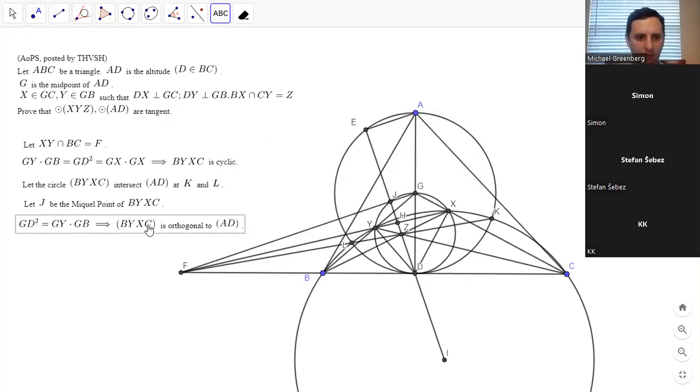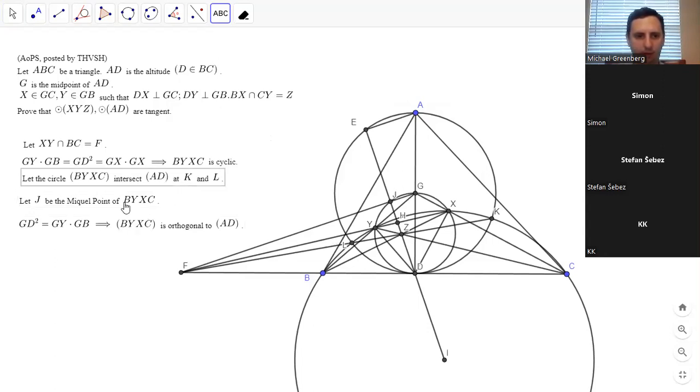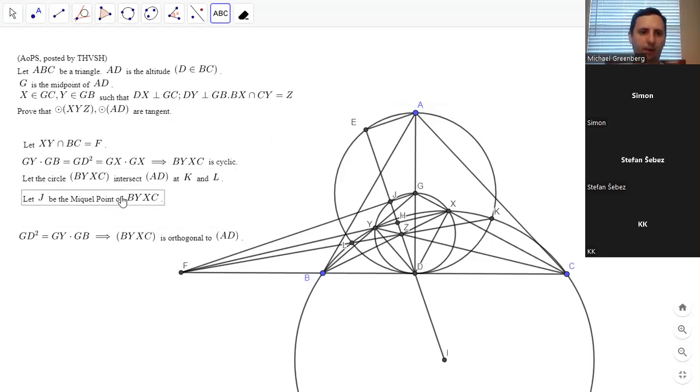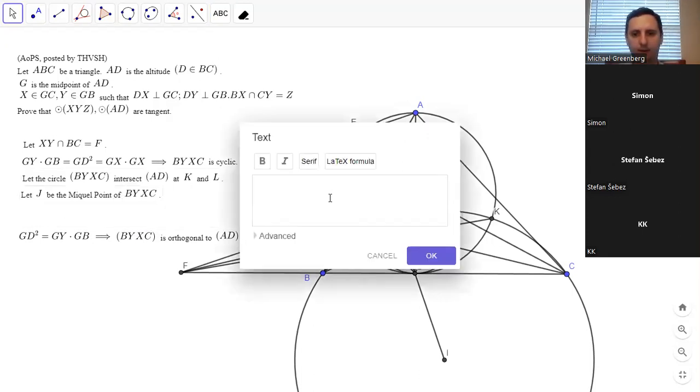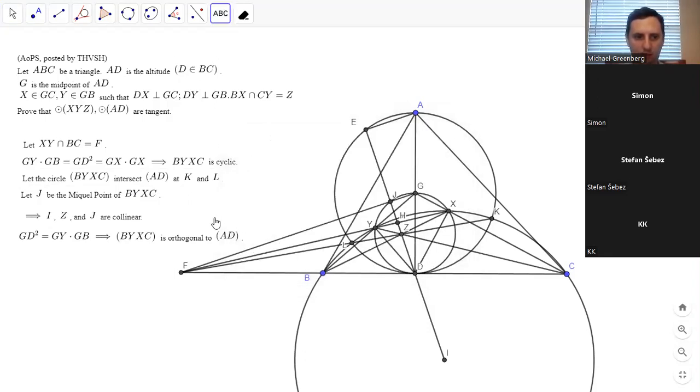Okay. So basically this implies that I, Z, and J are collinear, right? By a well-known fact. So once J is the Miquel point of BYXC, then we know that I, Z, and J are collinear, right? Then we have this.